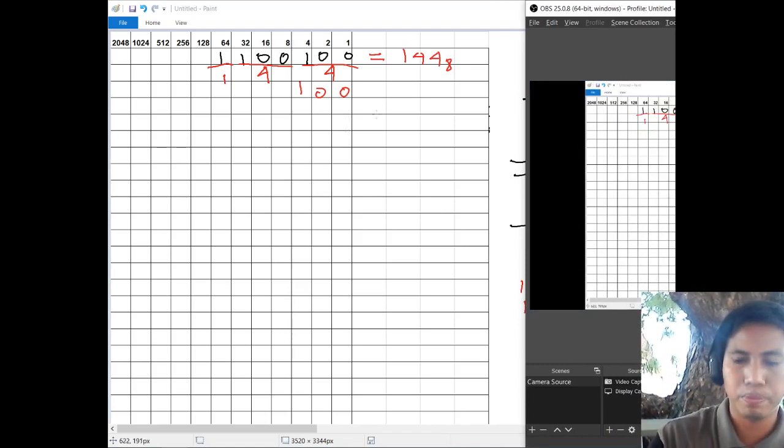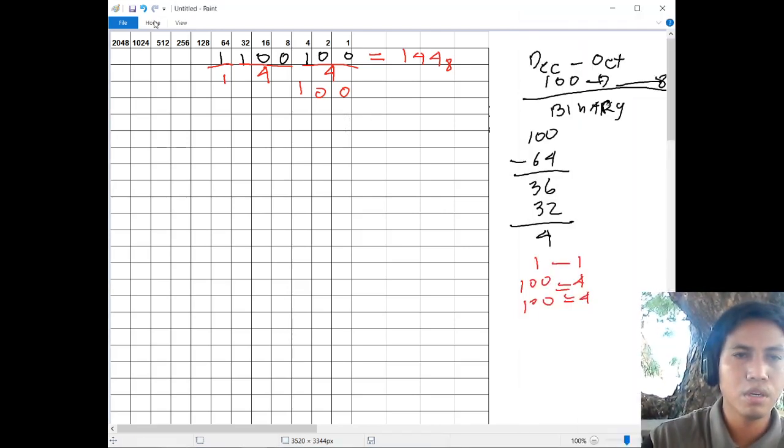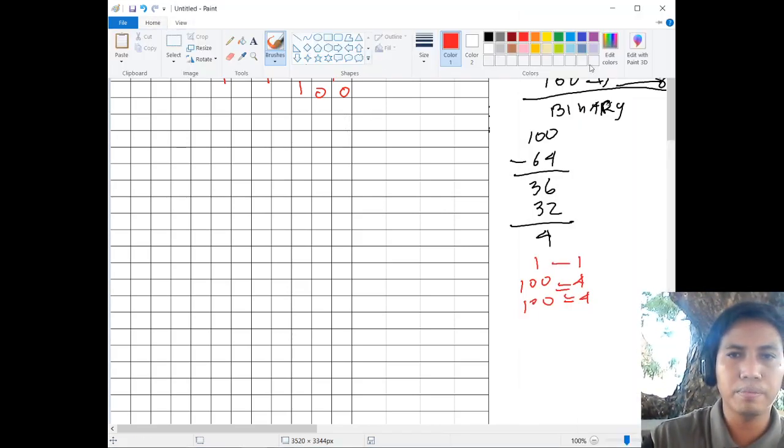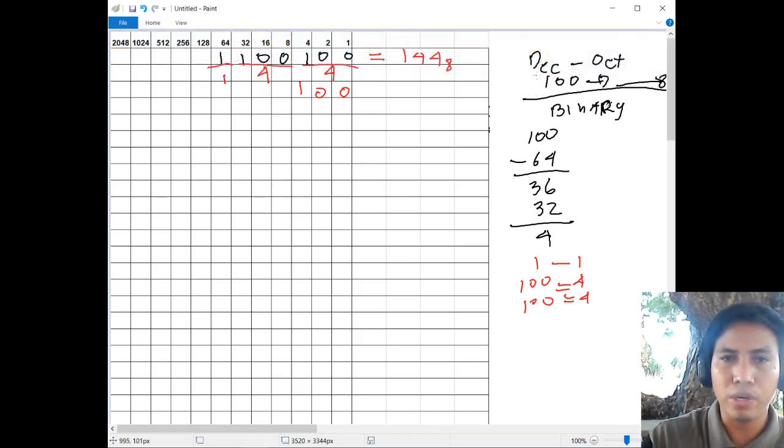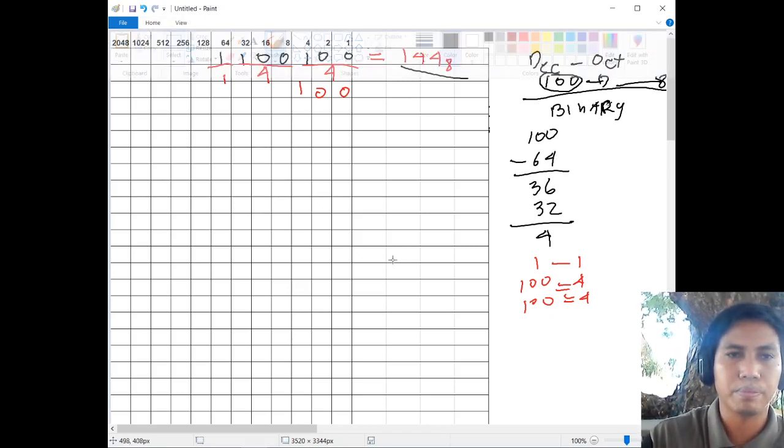So let's proceed. So now, the value of 100 decimal to octal is 144 base of 8. Now let's try another example.